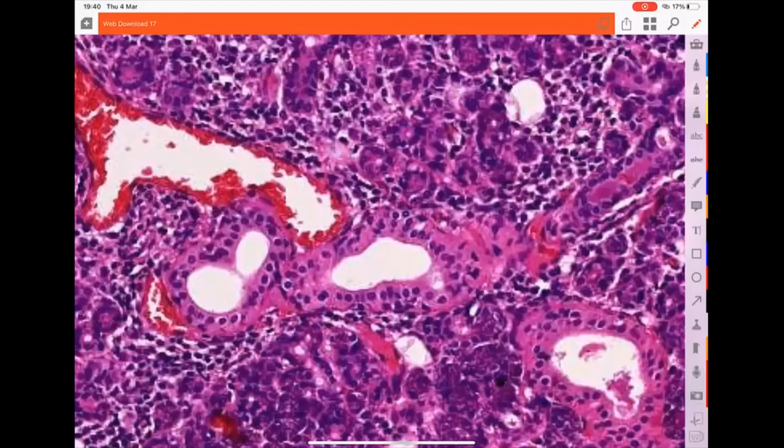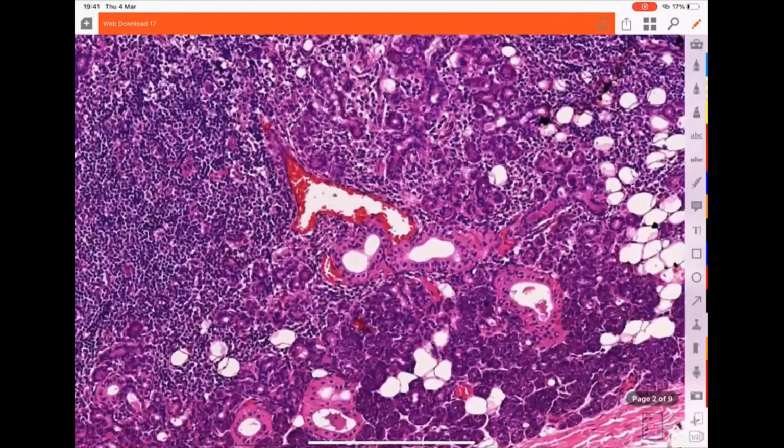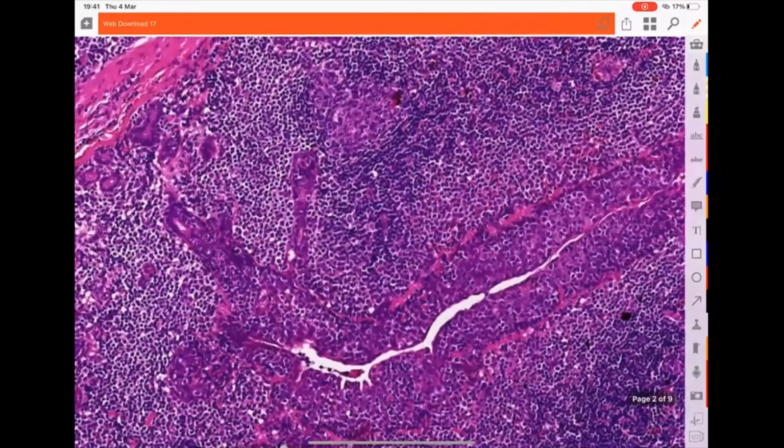You still need to be able to define the papillary architecture and the other features of Warthin's, because some people were suggesting Warthin's to start with, yes? So this is another thing. The other point of Warthin's is that it tends to happen in elderly and smokers, but if I told you this is a middle-aged person, which is a little bit unlikely.